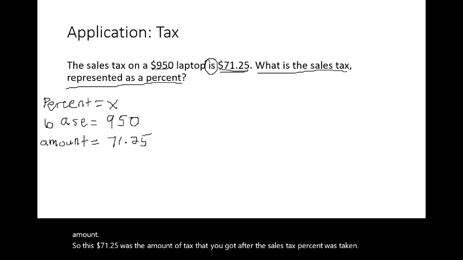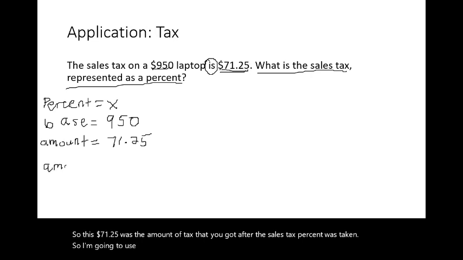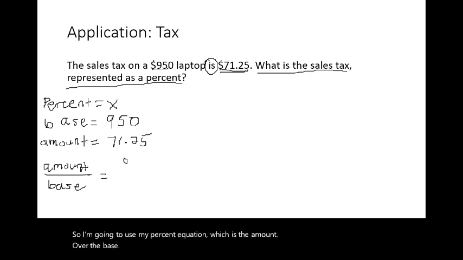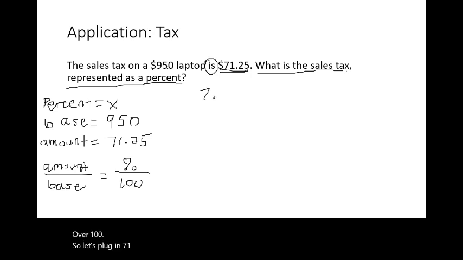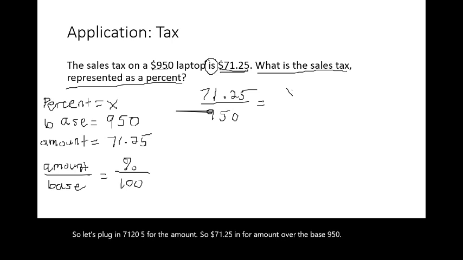So I'm going to use my percent equation, which is the amount over the base equals the percent over 100. So let's plug in 71.25 in for the amount. So $71.25 in for amount over the base 950 equals the unknown percent X out of 100. So let's cross multiply.